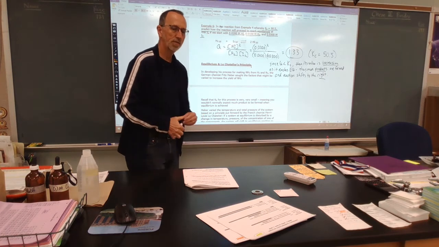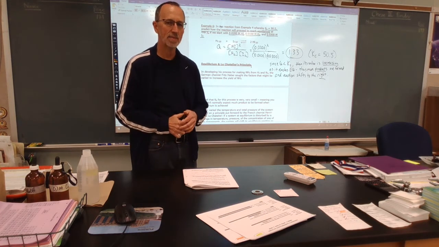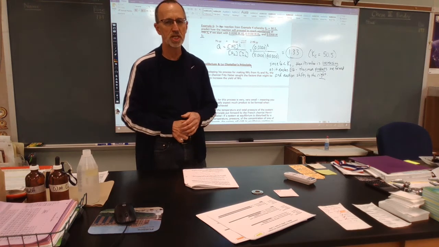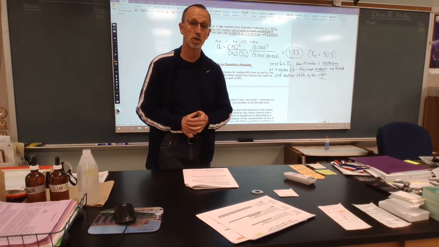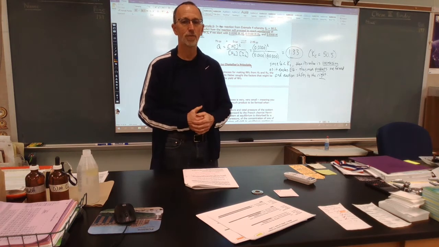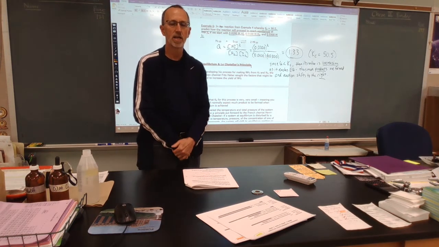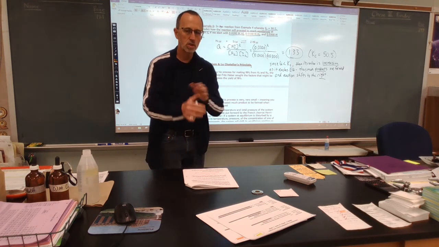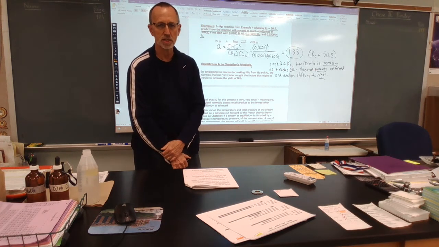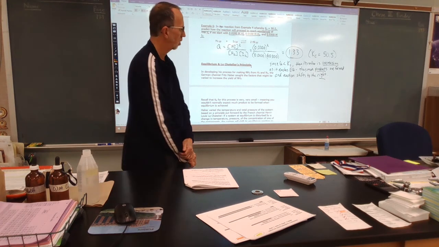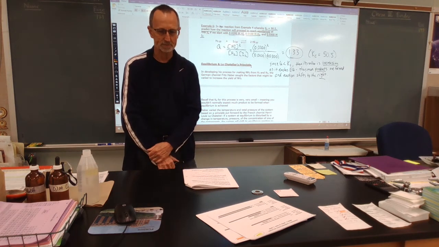If Q is less than K, then the ratio of products to reactants increases as equilibrium is achieved, meaning more products are formed. The reaction is favoring the right side, and so as you go from initial to equilibrium conditions, the reaction is shifting to the right to make more products.